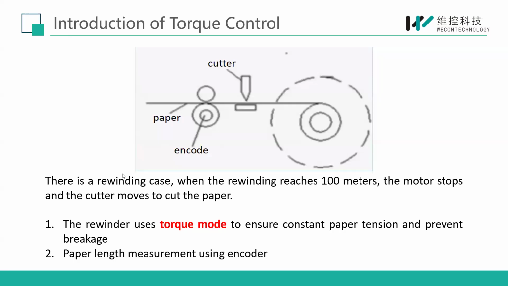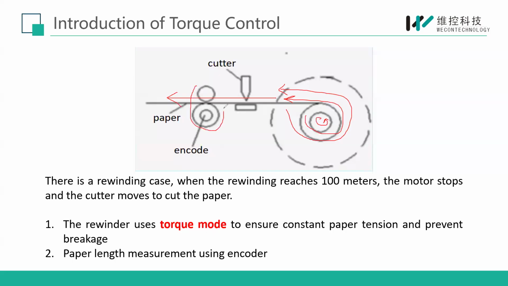This is a rewinding case. When the rewinding distance reaches 100 meters, the motor will stop and the cutter will move to cut the paper. The paper goes this way, and this roller will rotate in this direction to feed the paper.